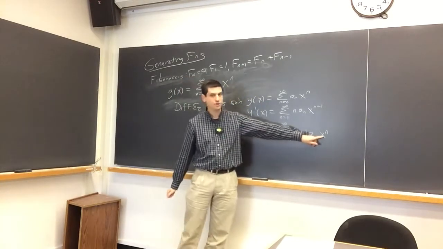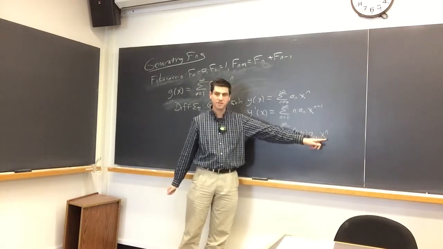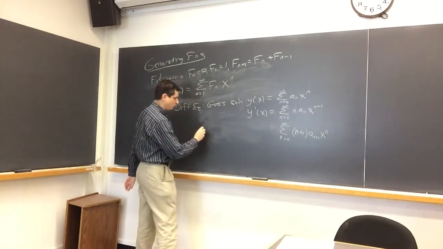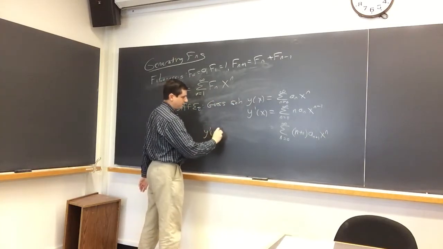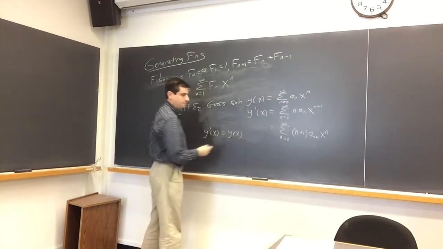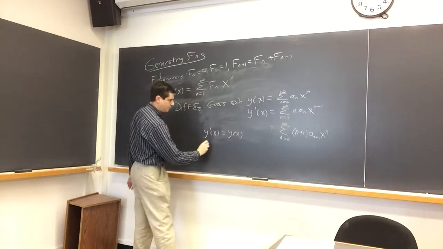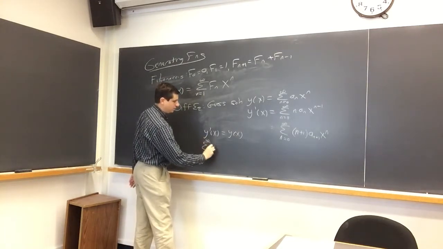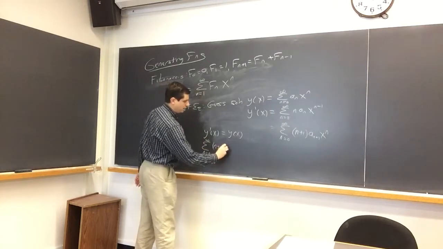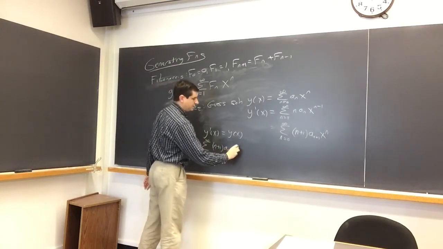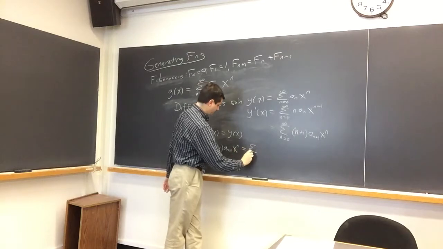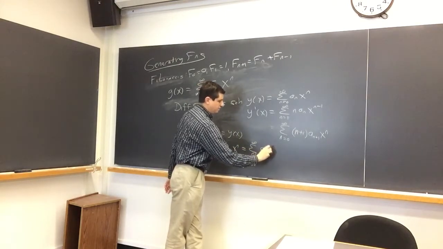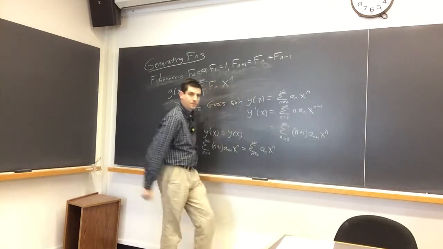Now notice that this also has the form something times x^n. And I can group things together. So if I want to solve y'(x) equals y(x), I would then have a sum, n goes from 0 to infinity, of (n+1) a_(n+1) x^n equals a sum, n goes from 0 to infinity, of a_n x^n.